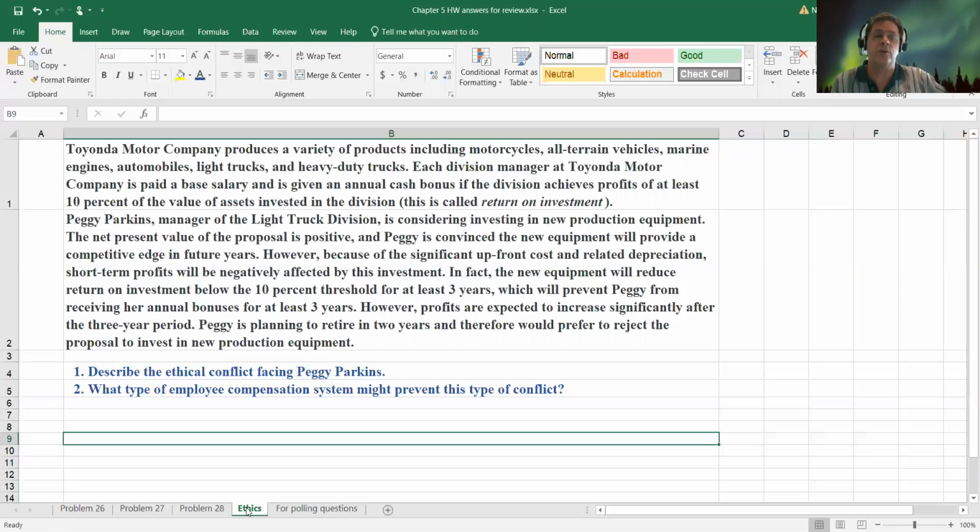Remember, that's the threshold over which she gets a bonus, which will prevent Peggy from receiving her bonus for at least 3 years. However, profits are expected to increase significantly after that 3-year period, which is why it is a positive NPV. Peggy is planning to retire in 2 years and therefore would prefer to reject a proposal to invest in new production equipment.